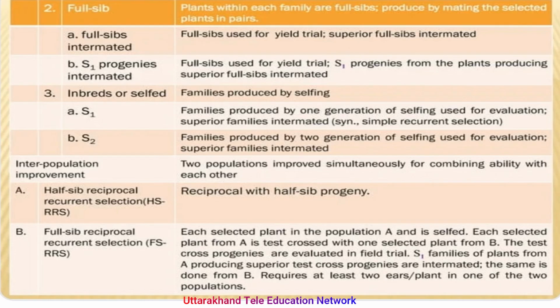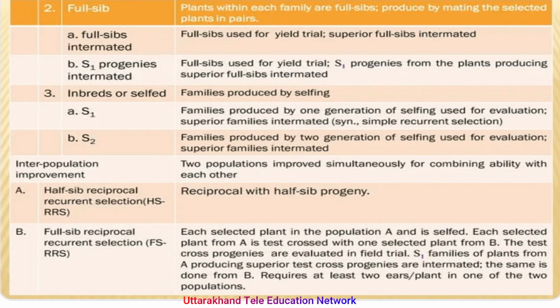Superior families intermated. Interpopulation improvement: two populations improved simultaneously for combining ability with each other. Half-sib reciprocal recurrent selection: reciprocal with half-sib progeny. Full-sib reciprocal recurrent selection: each selected plant in population A is selfed.